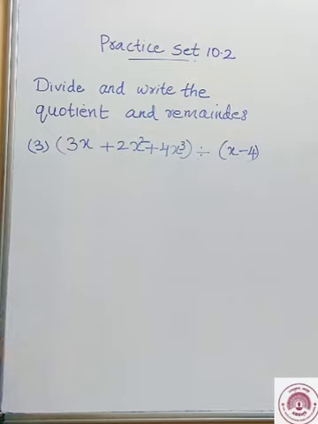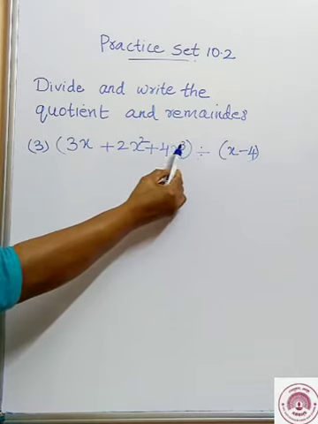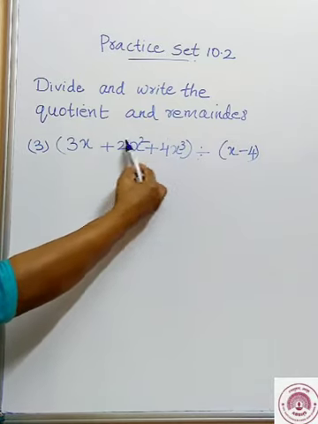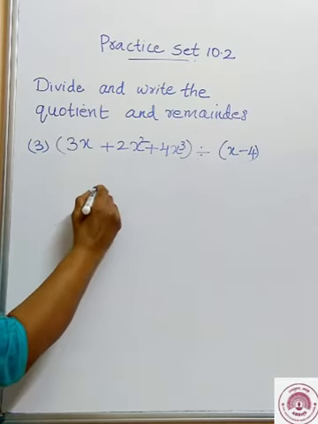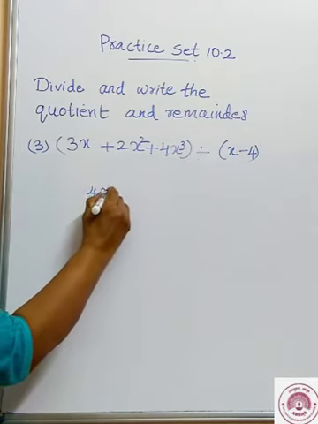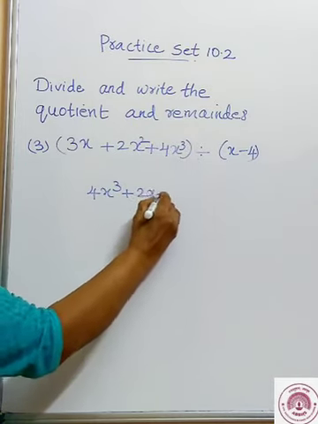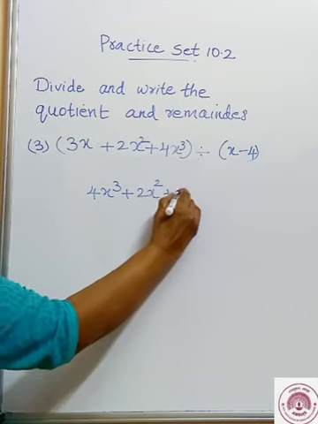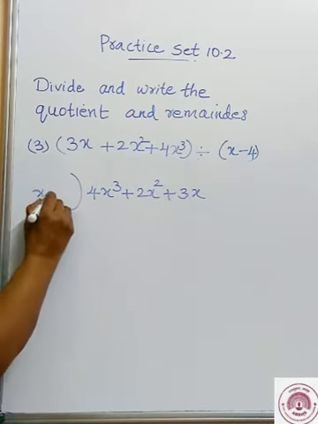First we write the terms of the polynomial in descending order of their indices. That is, here first we write 4x cube plus 2x square plus 3x divided by x minus 4.